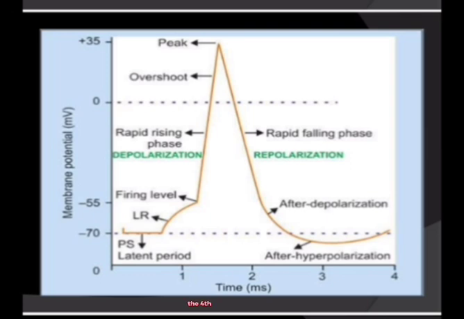So the 4th stage is firing level. So you have the RMP, then you have the stimulus activant, and then you have the latent period.